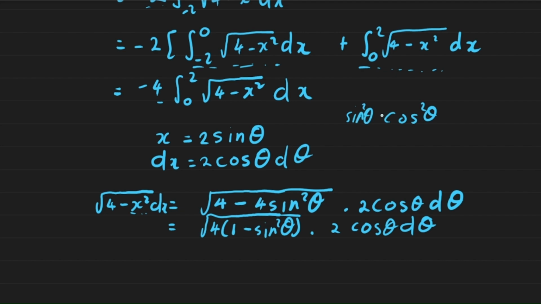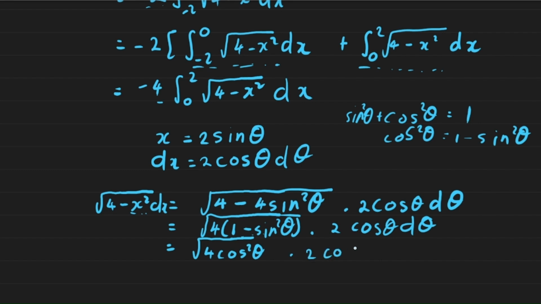So cos squared theta is equal to 1 minus sine squared theta. So this part is simply cos squared theta. So we have the square root of 4 cos squared theta times 2 cos theta d theta.